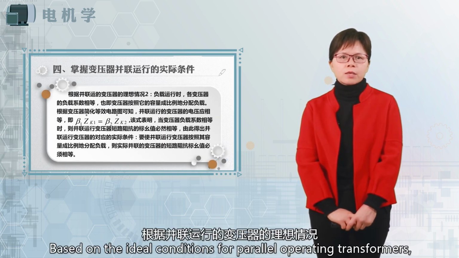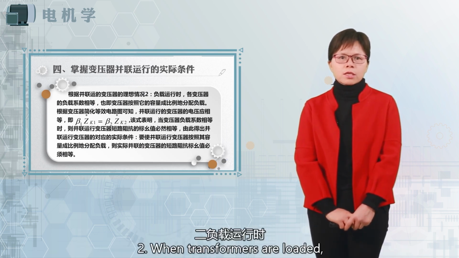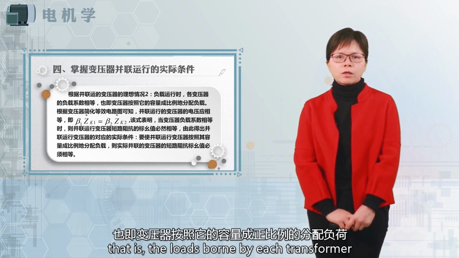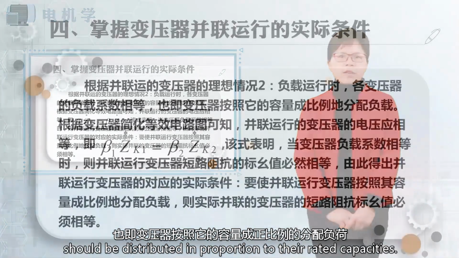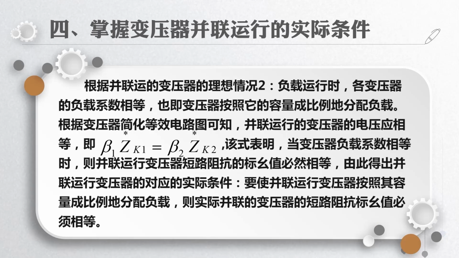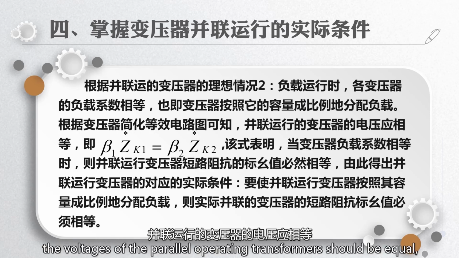Based on the ideal conditions for parallel operating transformers, 2. When transformers are loaded, the load factors of the transformers should be equal. That is, the loads borne by each transformer should be distributed in proportion to their rated capacities. According to the simplified circuit diagram of the transformer, the voltages of the parallel operating transformers should be equal.